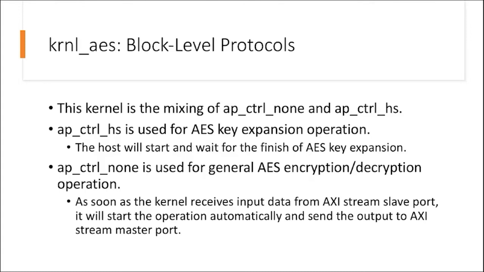We mentioned before that we must run a key expansion algorithm before we perform AES encryption and decryption. So this means that the host will start and wait for the finish of AES key expansion first. And AP control none is used for general AES encryption and decryption operation. This means that as soon as the kernel receives input data from the AXI stream slave port, it will start the operation automatically and send the output to the AXI stream master port.